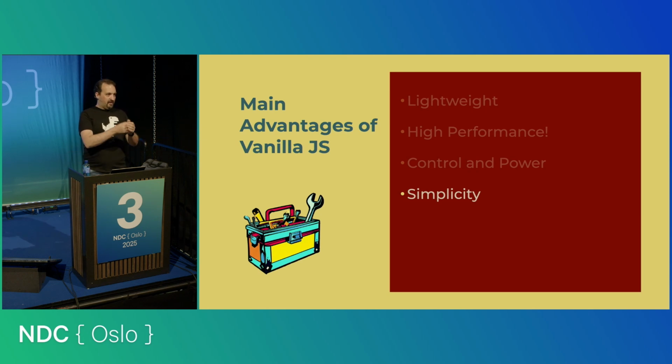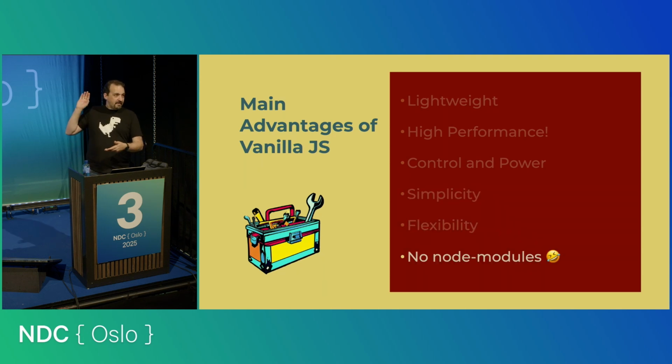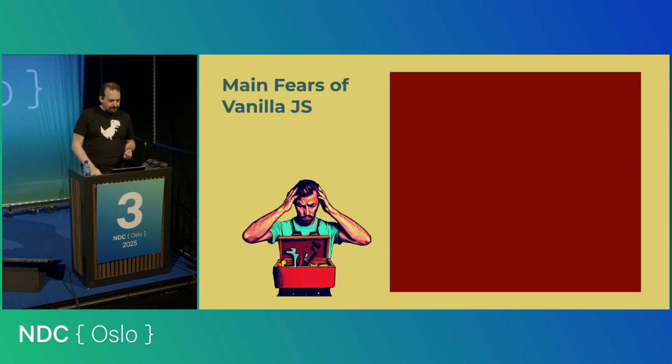You don't have hundreds of dependencies that you maybe understand one or two, and on the rest you don't know what's going on there, and that will be part of your code base. Flexibility, and yeah, half joke, but half reality, no node modules. So you are in control and you know exactly what you're shipping, what code is currently being shipped to your web app. That adds security, okay, and many things there apart from performance.